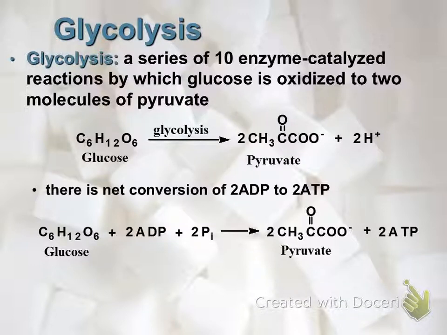All right. There is also a net conversion of 2 ADP to 2 ATP. So what is the whole purpose of glycolysis? What is its purpose? Sounds like my phone. Consuelo may have an idea. Producing 2 pyruvate. Right.